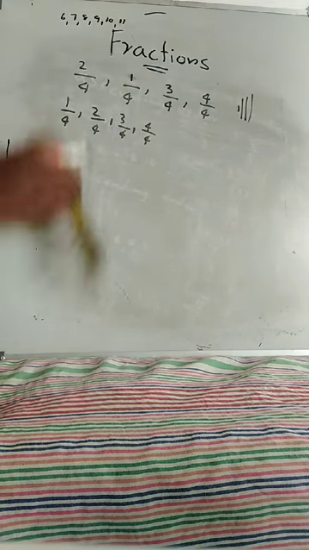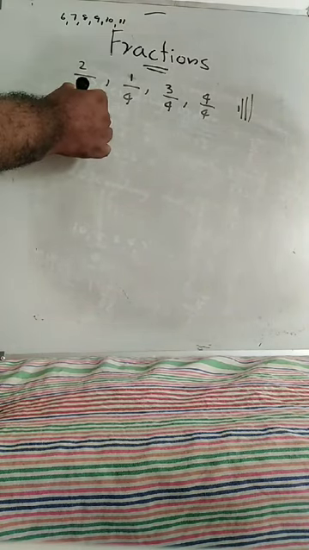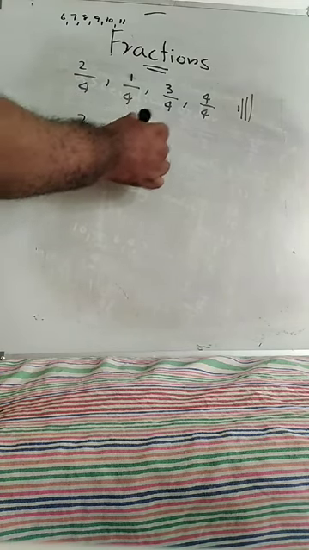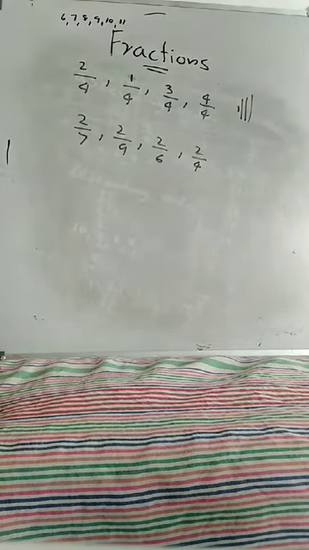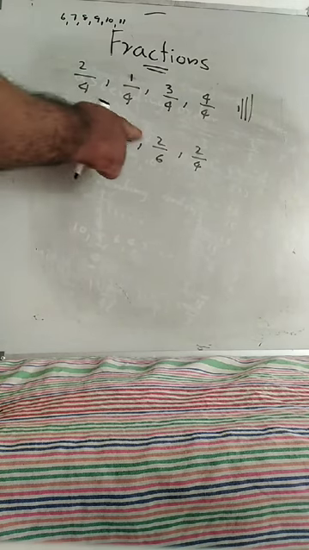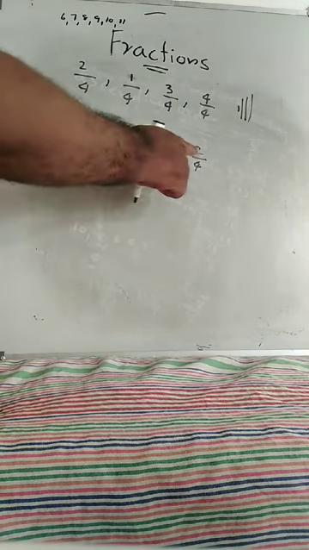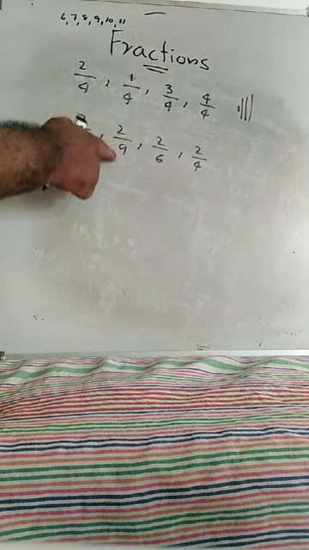The problem is when they have given, look, here, 2 upon 7, 2 upon 9, 2 upon 6, 2 upon 4. Here, what is the smallest number? Here numerator is equal, denominator unequal. When numerator is equal and denominator unequal, the biggest denominator gives the smallest number.